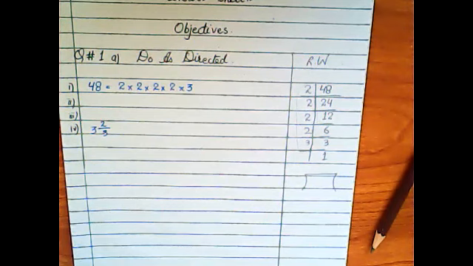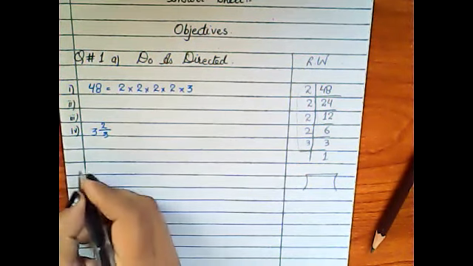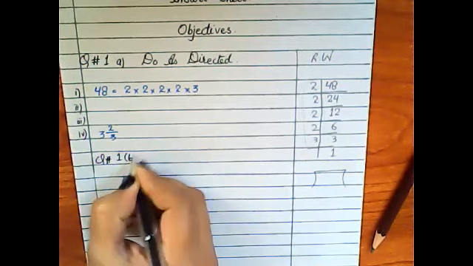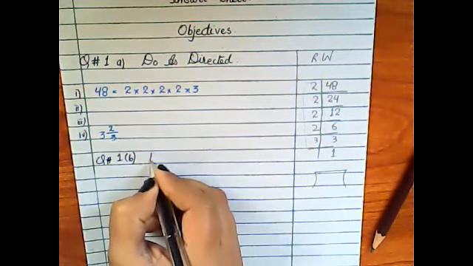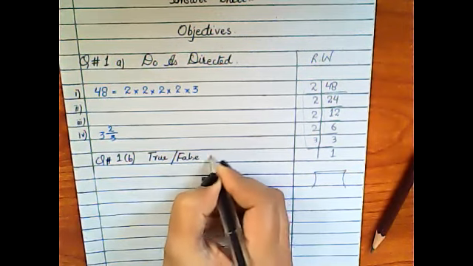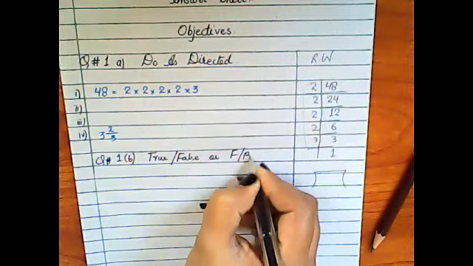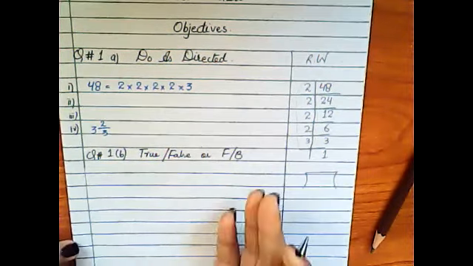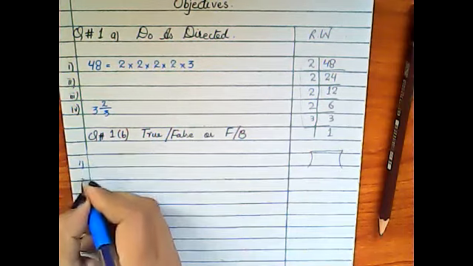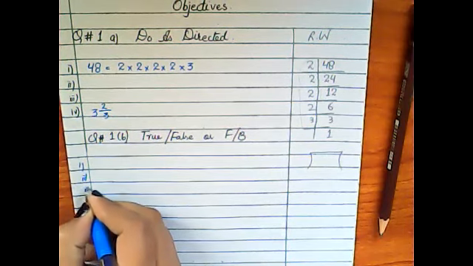After that comes question number 1, part B. It could be true false or fill in the blanks. Again you will write down the direct answer of each blank or true false.